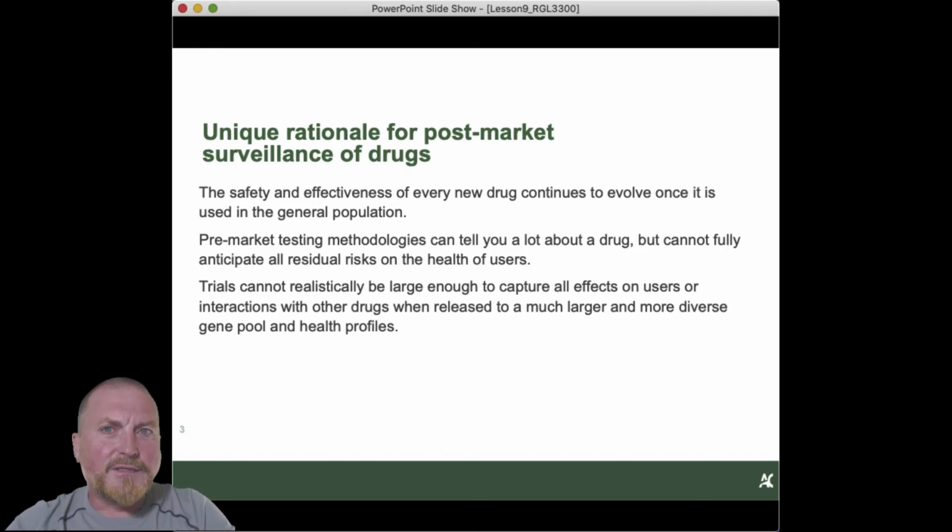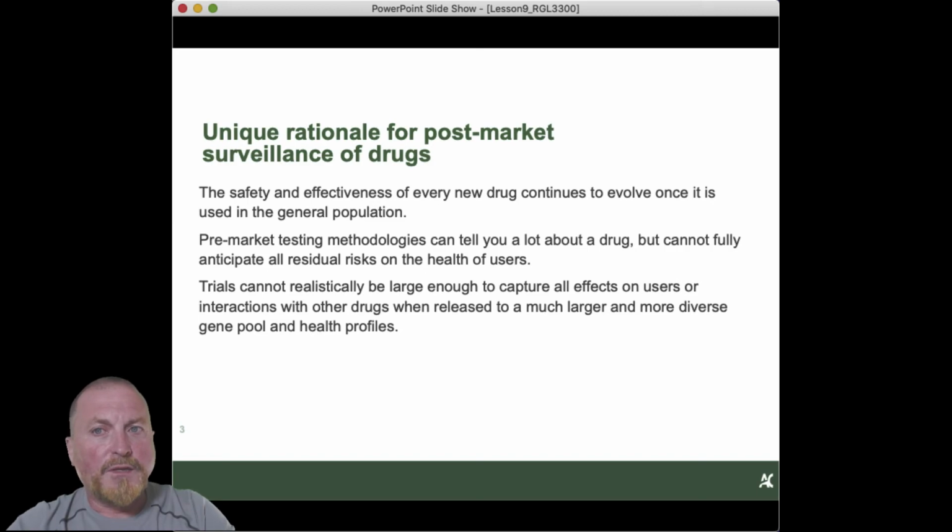So we know that the safety and effectiveness in every new drug continues to evolve once it is used in the general population. We know that, right? We know that no clinical trial can capture the entire genetic diversity of the population. We also know that there will be different circumstances, different impacts on subpopulations.